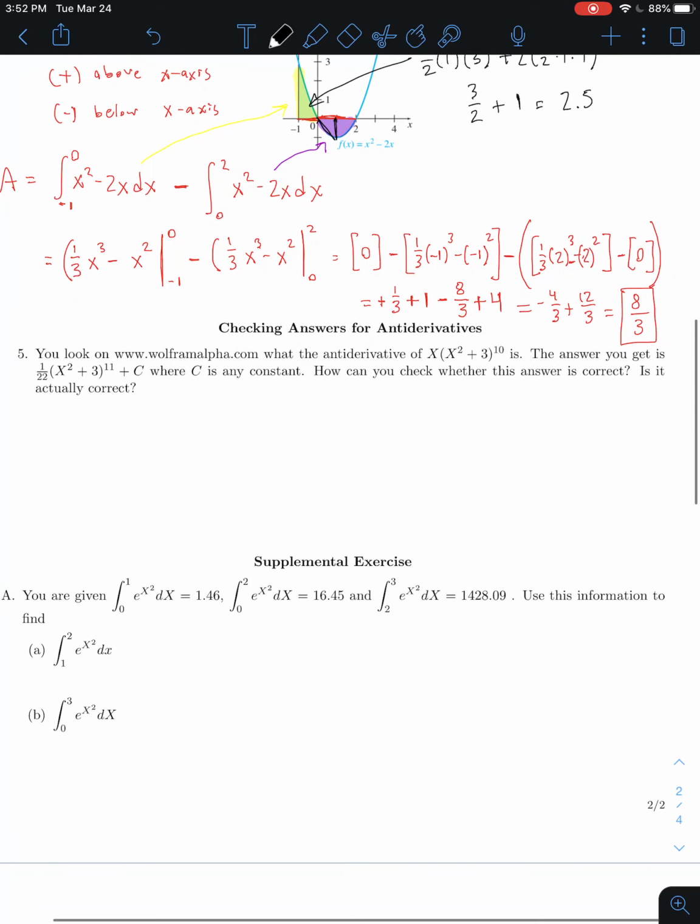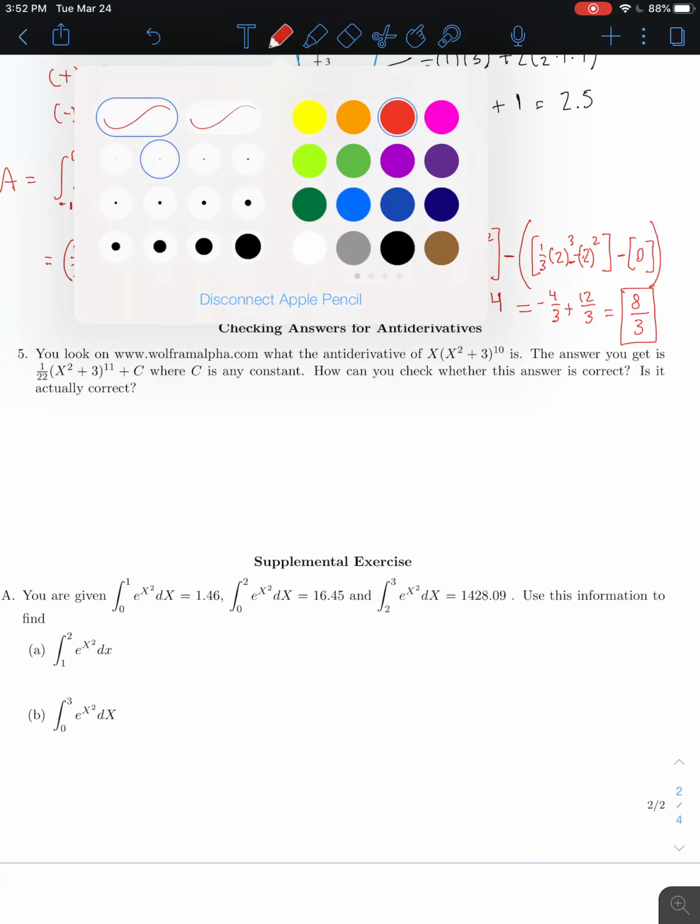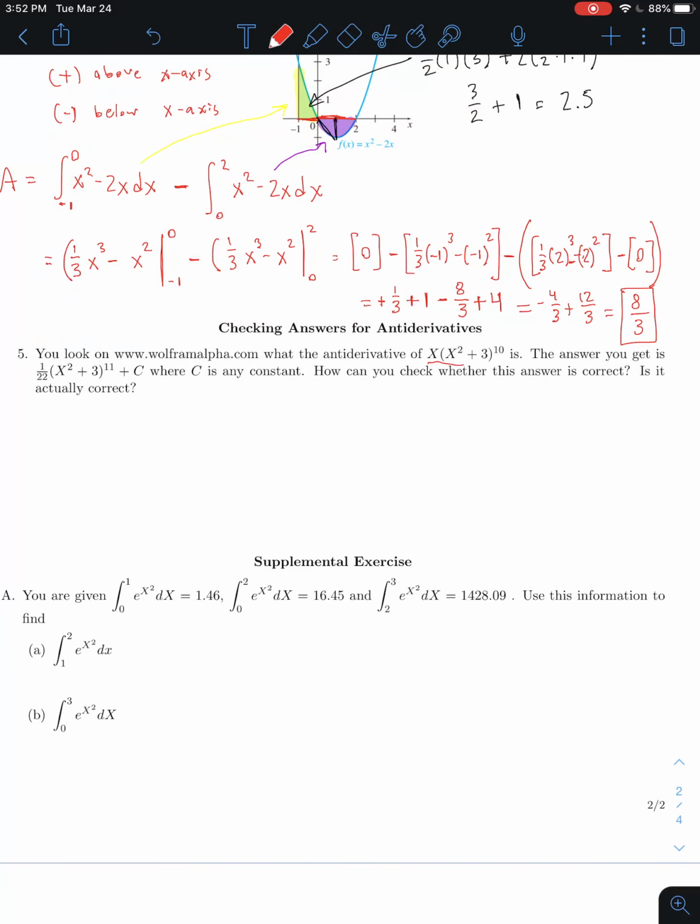Taking a look at number 5, it says that Wolfram Alpha tells us that the antiderivative of this function, x times (x squared plus 3) to the 10th, is this other function, 1/22 times (x squared plus 3) to the 11th plus c. And it asks us, how can we check whether this answer is correct?